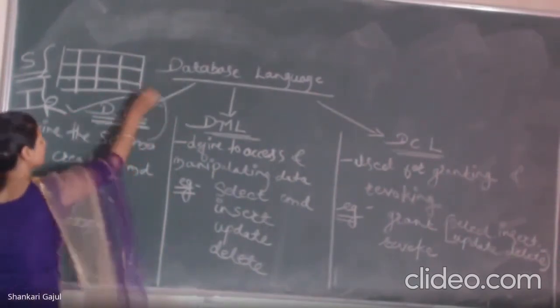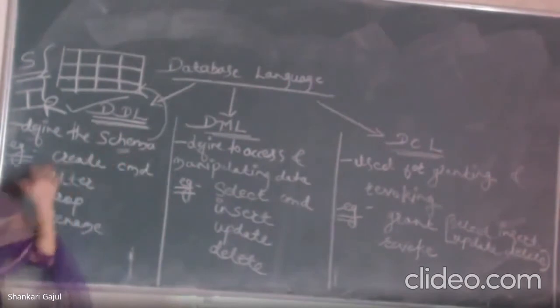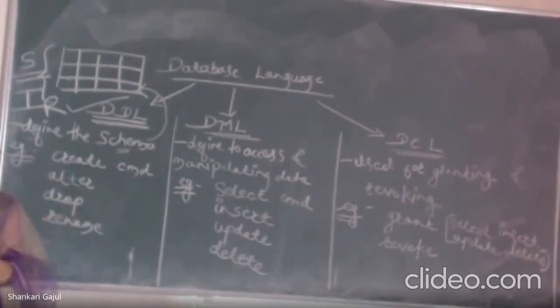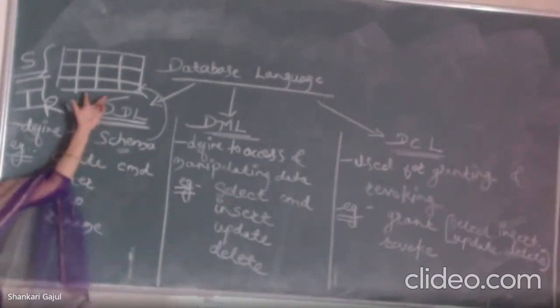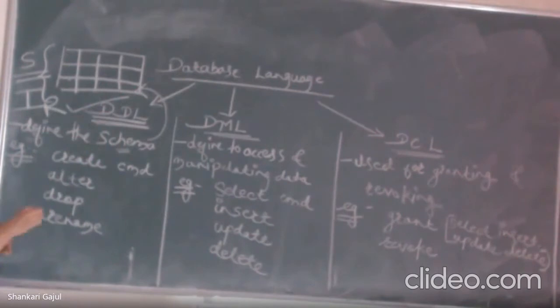So this is the schema. Data definition language is to define the overall structure of the database. The overall structure of the database means obviously that the database consists of tables, and the number of rows and columns.